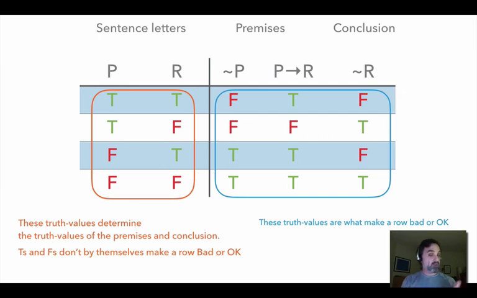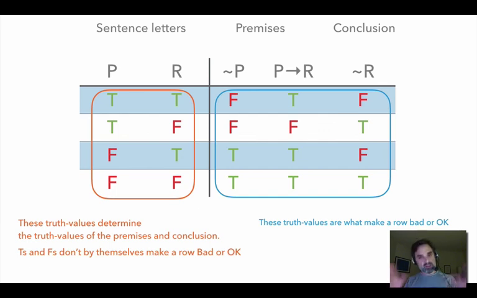They're just a description of the situation of the world, and then we ask, are the premises and conclusion true if the world is that way. So they don't by themselves make a row bad or okay. They just determine the truth values for the premises and the conclusion, and then it's the truth values of the premises and the conclusion that either make the row bad or make the row okay.